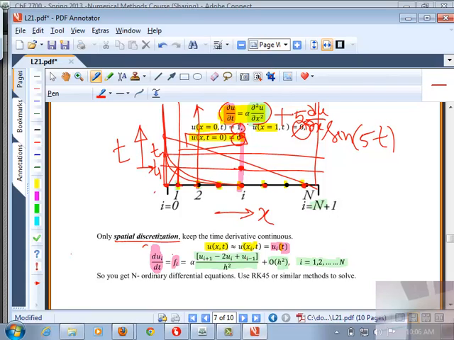But if I have, again, let's take this fin problem. So I have u equal to 1.